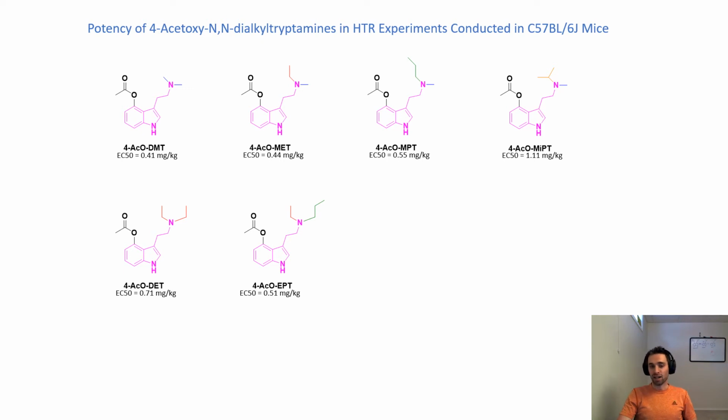indicated by a decrease in EC50, which would be an increase in potency. That's actually a flip-flop from what we saw in the previous analogs.